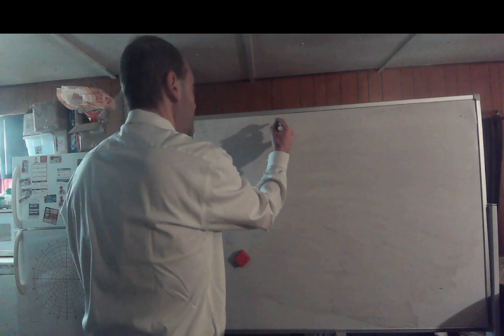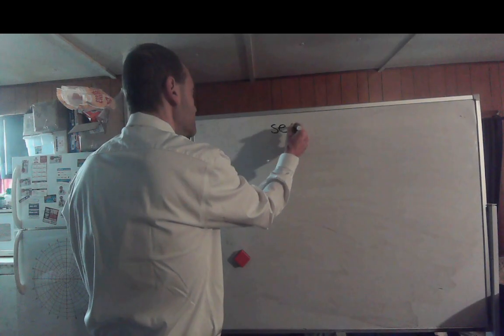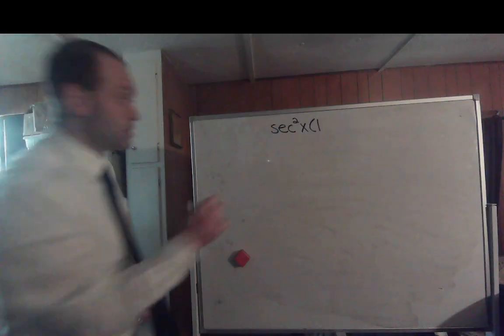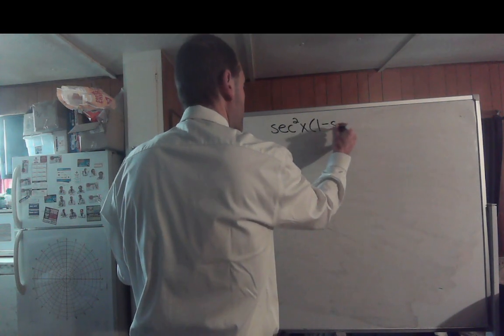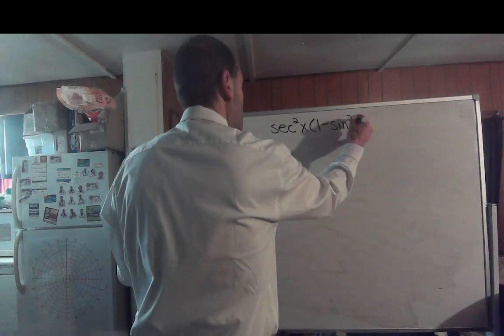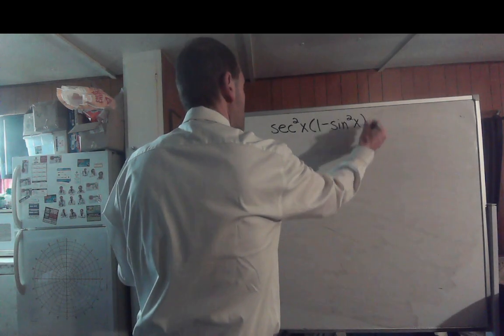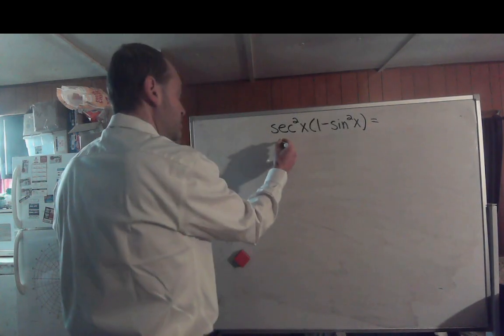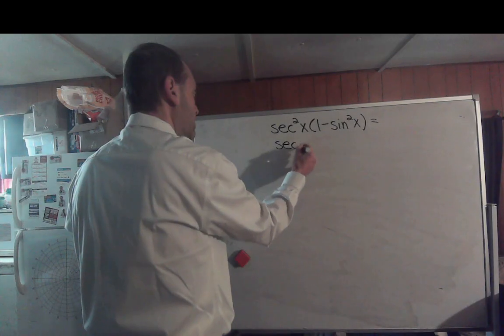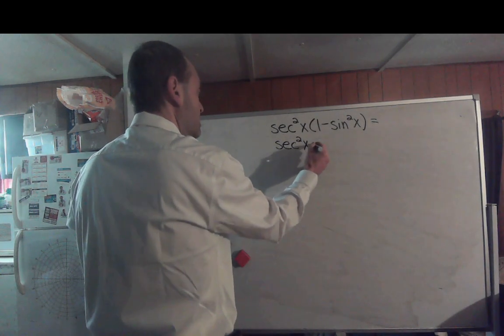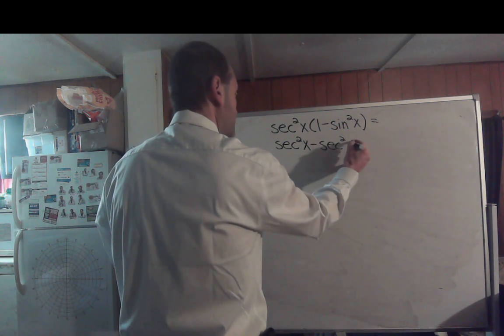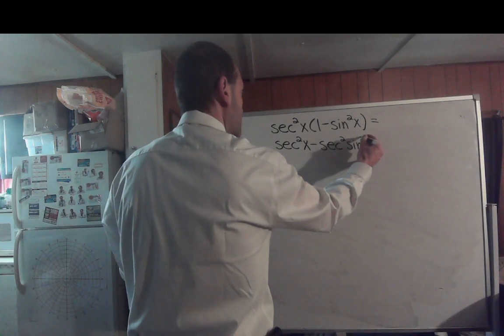Alright, let's see. We have the secant squared of x times the quantity of 1 minus the sine squared of x. Well, let's use the distributive property again. This would turn into the secant squared of x minus the secant squared of x sine squared of x.